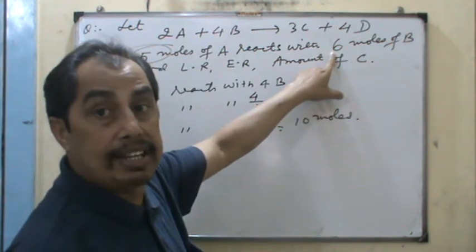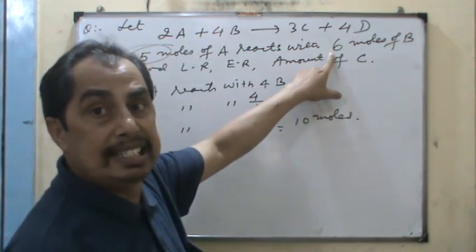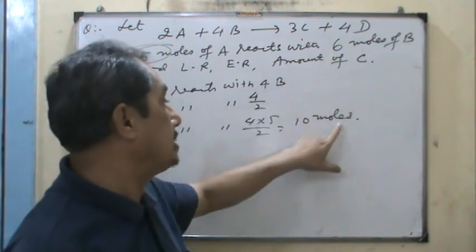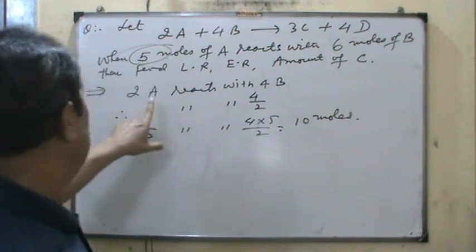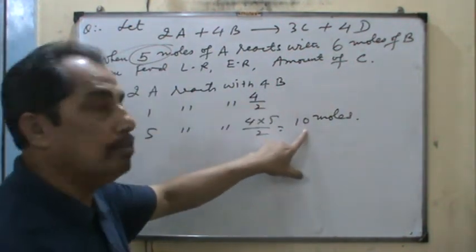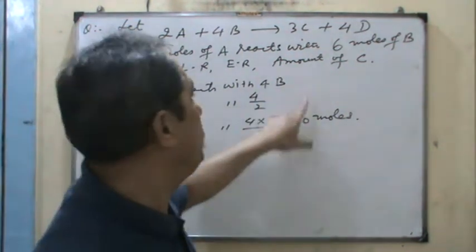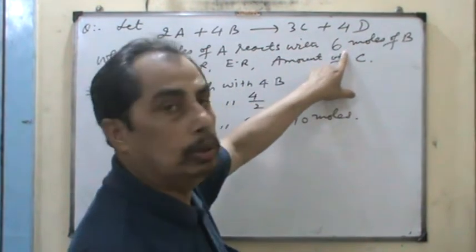That is in lesser quantity, so the supply is less as compared to the demand. What is the demand? A needs 10 moles of B, but how much B is given? 6 moles.